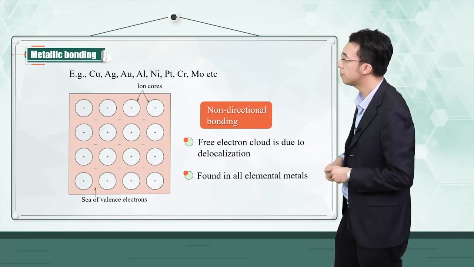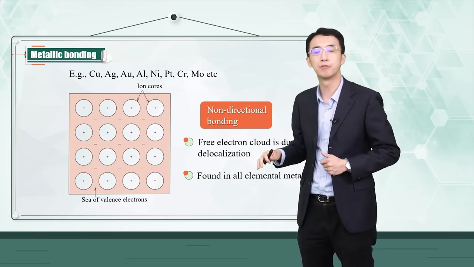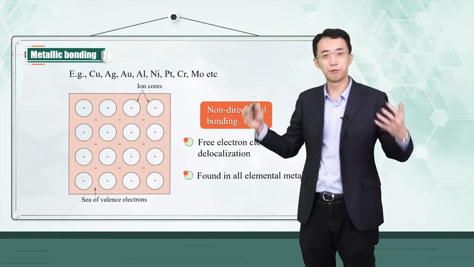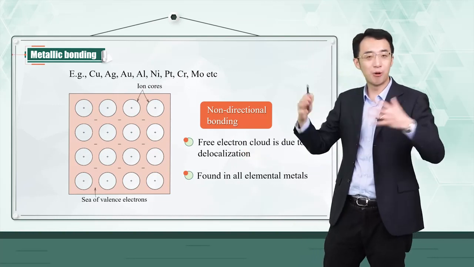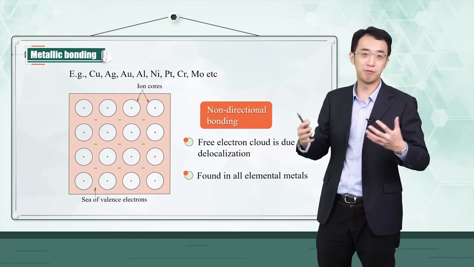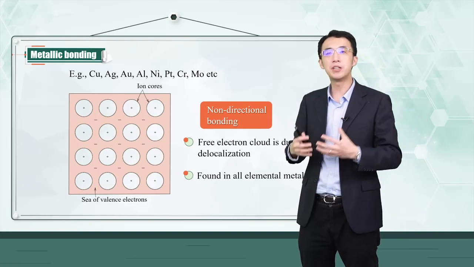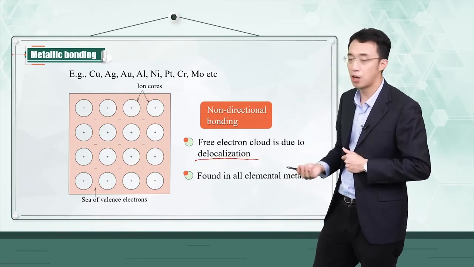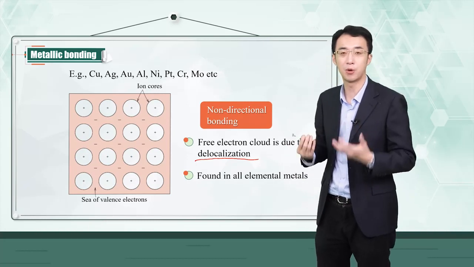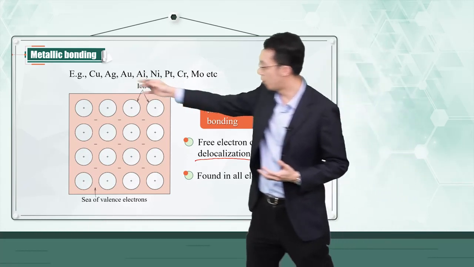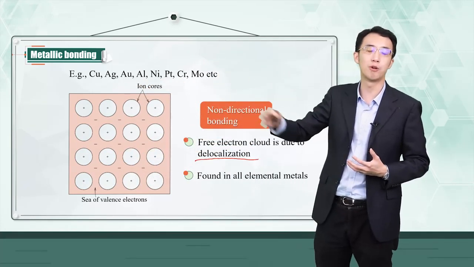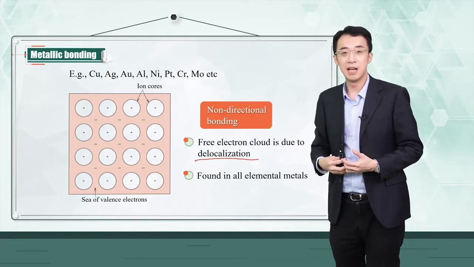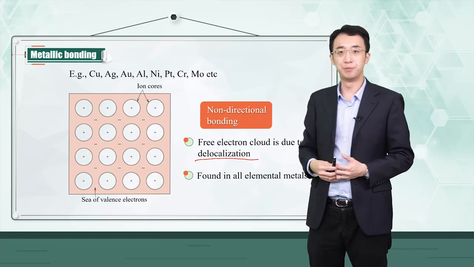Okay? The third type of primary bond for consideration is metallic bonding, where you have so-called free electrons. The outer shell electron is relatively free and it can be easily delocalized from the atomic core, so that it will flow across the entire crystal of your metal, forming this so-called free electron gas, making the metal conductive.